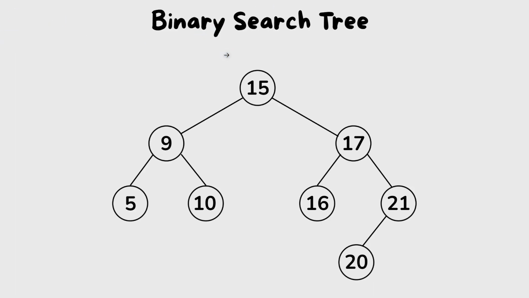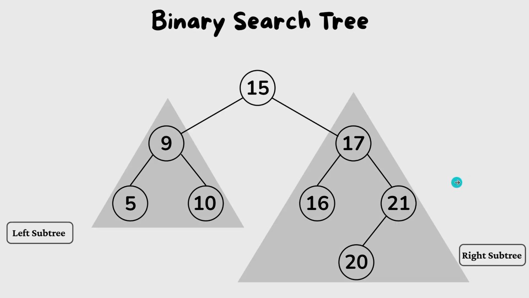So, here you can see an example of what a tree looks like. We have values 15, 9, 5, 10, 17, 16, 21, and 20. Here, makita nato natay left subtree and right subtree.